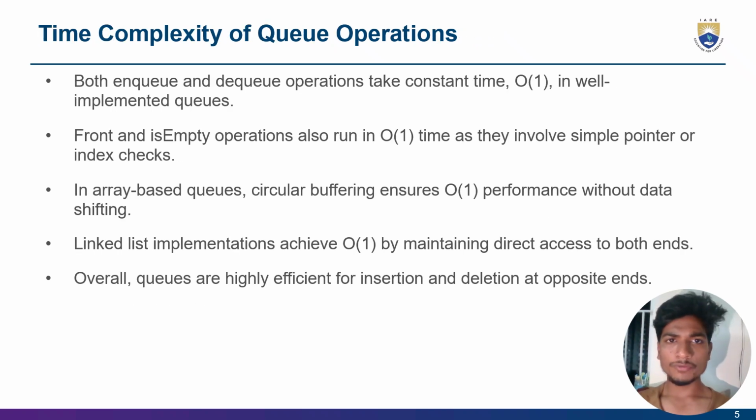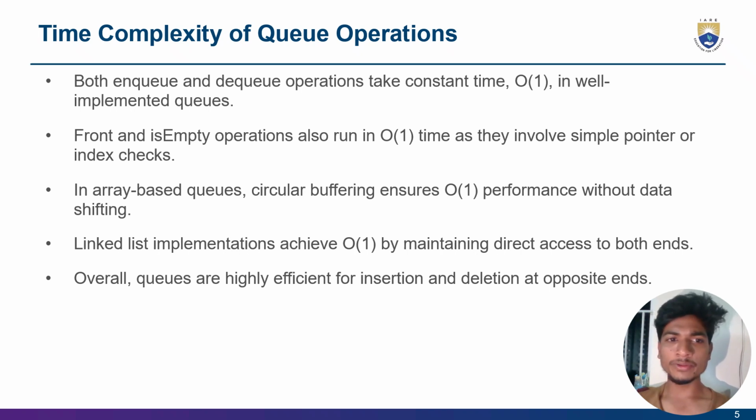So time complexity of queue operations. Both enqueue and dequeue operations take constant time, that is O(1), in well implemented queues. Front and empty operations also run in O(1) time as they involve simple pointer or index checks.